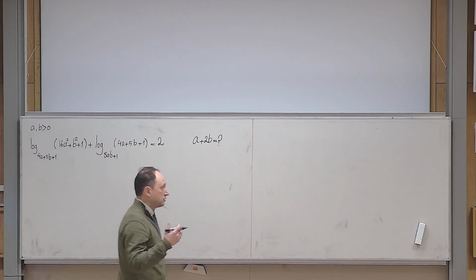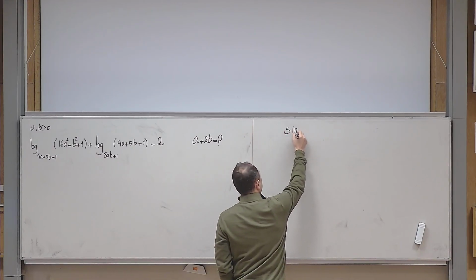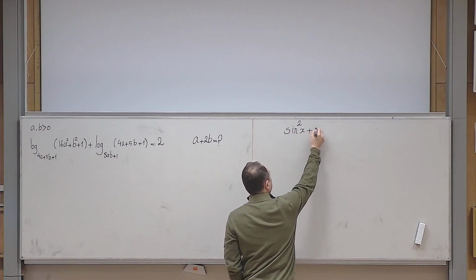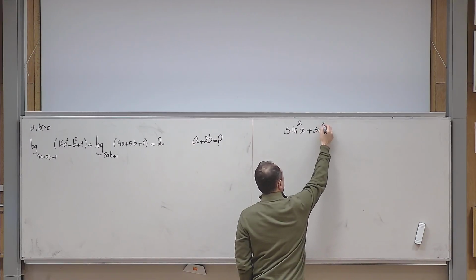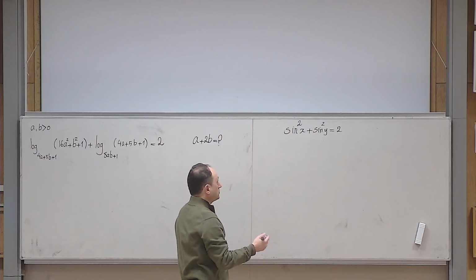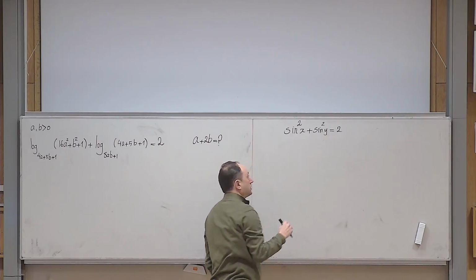So let me try to give you an example. Let us give you a relation: sine x squared plus sine y squared is equal to 2. You don't know x, you don't know y, and you have apparently one piece of information because you have one equality.